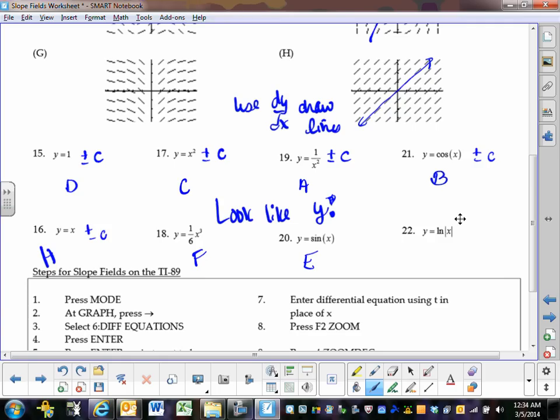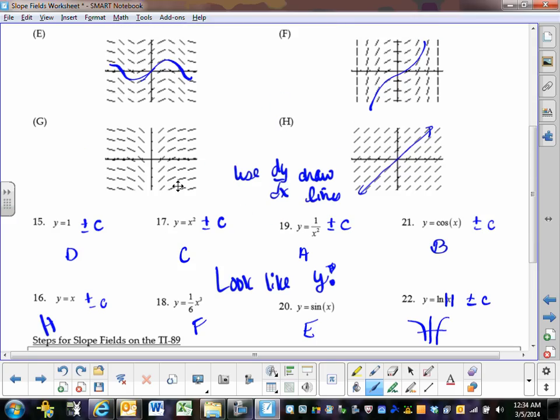So then the natural log of the absolute value of x actually has two sides. But then we have plus or minus c. So that's this graph. We actually have verticals, but you can rarely ever see the zeros or verticals if they're actually on the axes. So G.